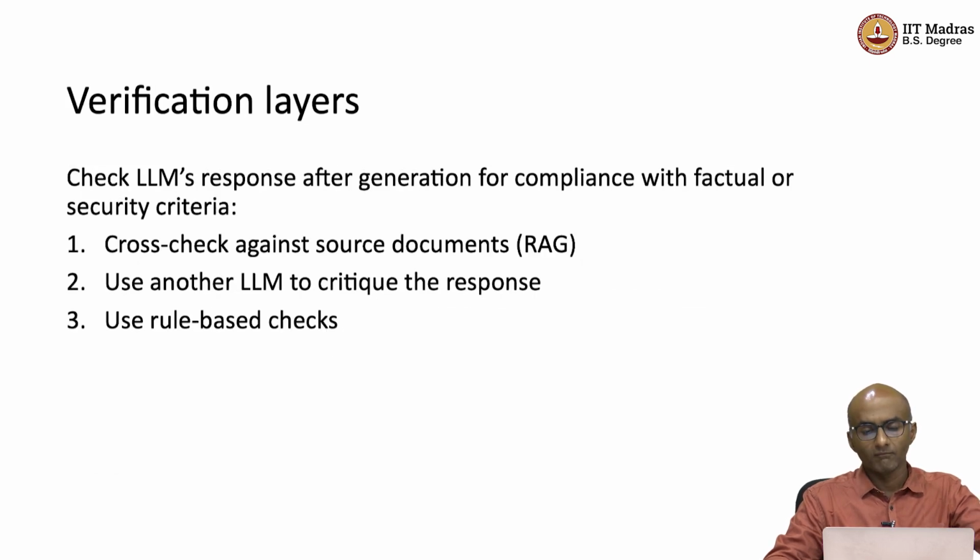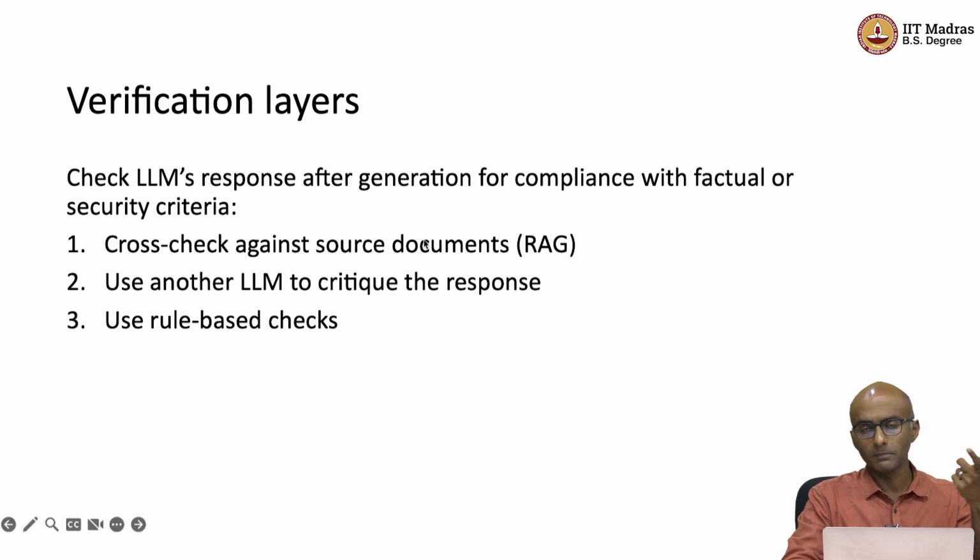Okay, verification layers. We spoke about that briefly as one of the other methods available to improve LLM accuracy. So here the LLM is sitting separately, and now you're taking the LLM's response and you're checking that for compliance with either factual accuracy or security related purposes. So which means this is a separate layer, almost like an API, which invokes the LLM for the response and then takes the response and processes it further.